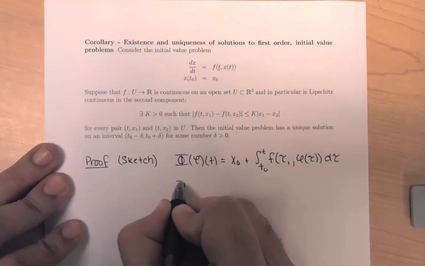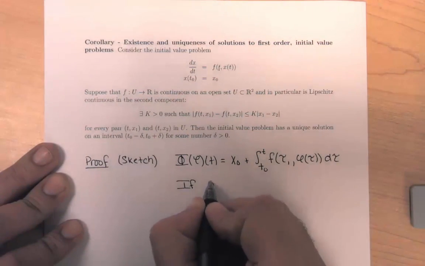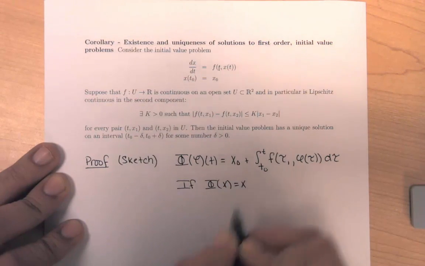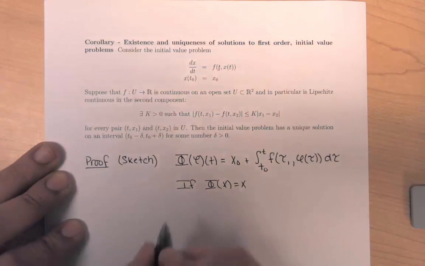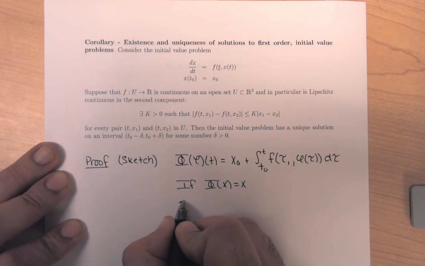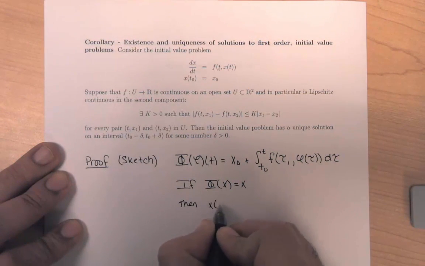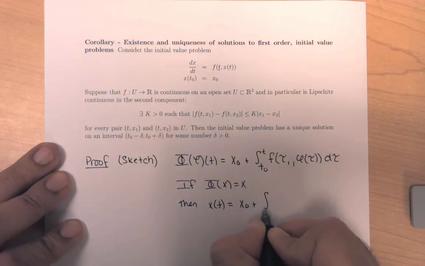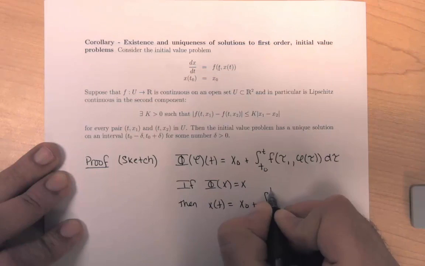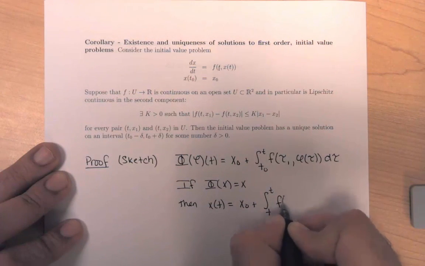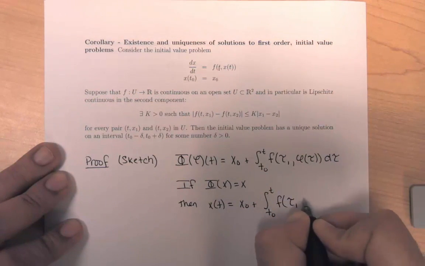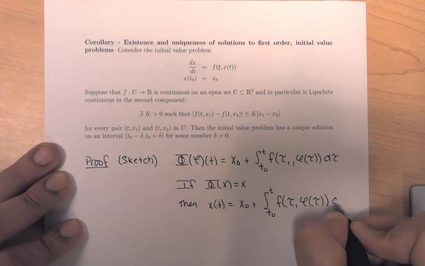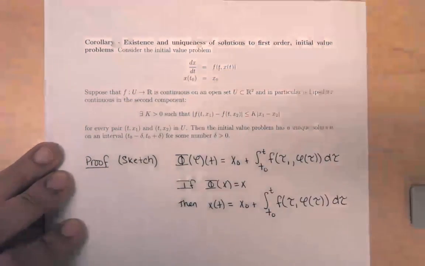Now if phi has a fixed point, then x of t would equal x naught plus the integral from t naught to t of f of tau, phi of tau, d tau.